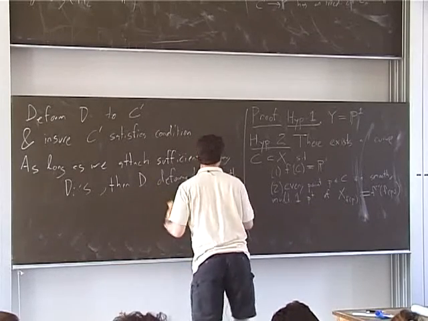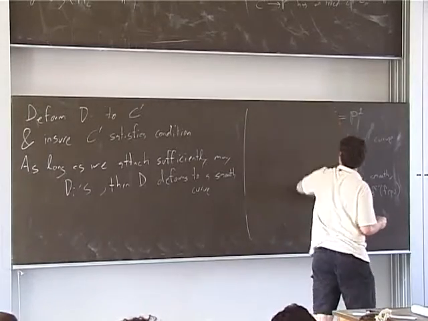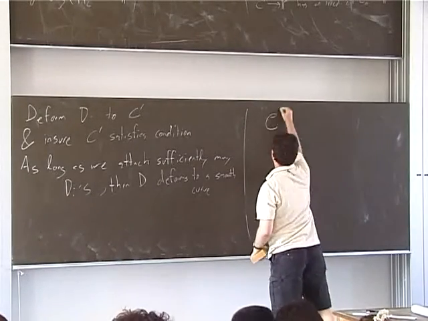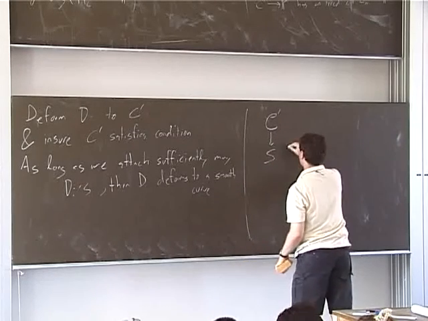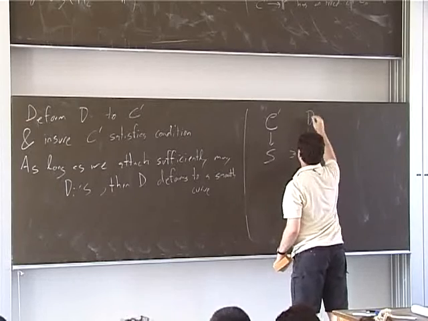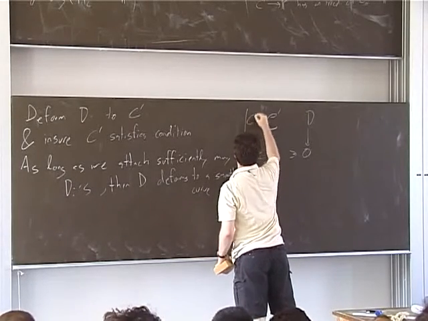Or let me say more precisely, it deforms to a family of smooth curves. We can find a one-parameter family script C prime over some base curve S, such that for some point inside of this curve, we just get D. But for a general point inside of this curve, little s, we get a smooth curve, C prime.